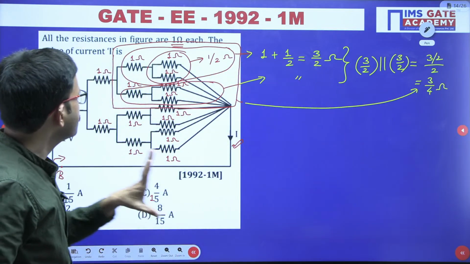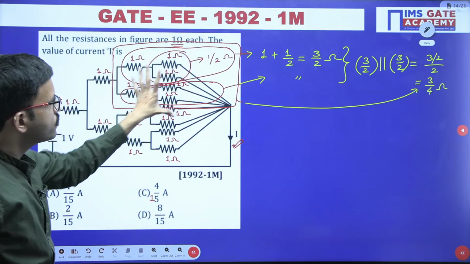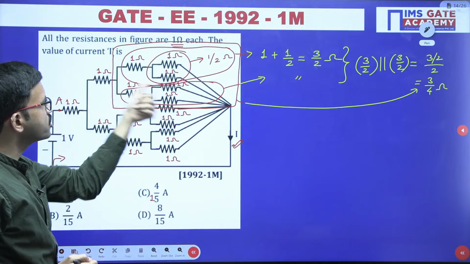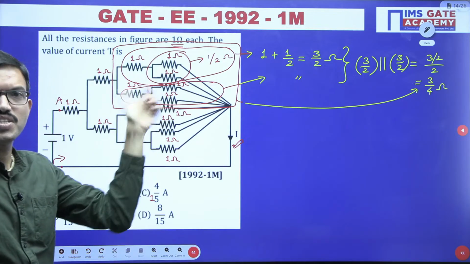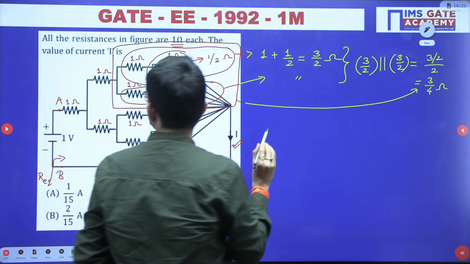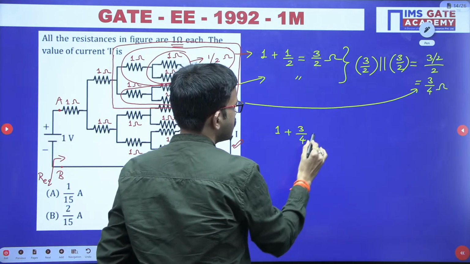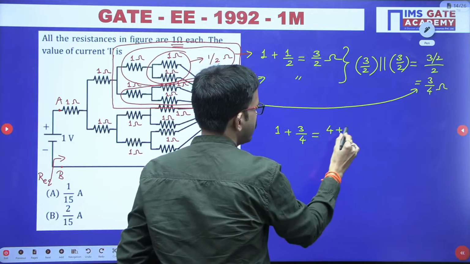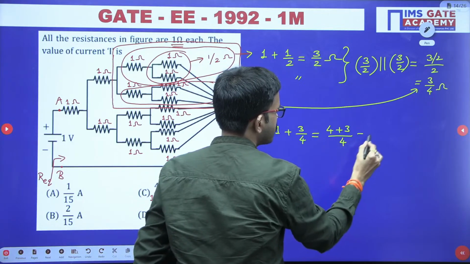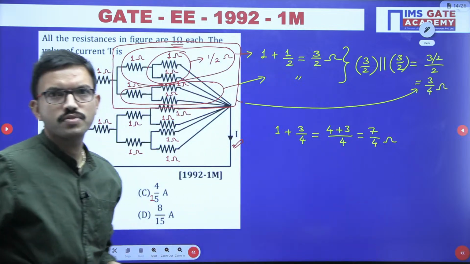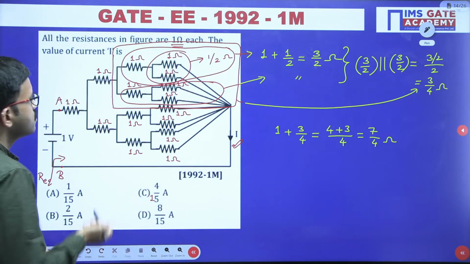Now this entire network we have replaced with a single resistor, and that resistor and this resistor are connected in series. In series we can add the resistors. So you will get 1 plus 3 by 4, that is 4 plus 3 divided by 4, which is 7 by 4 ohms.